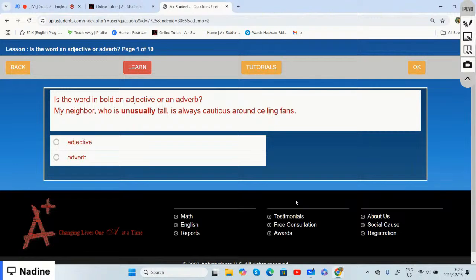Is unusually an adjective or is it an adverb?